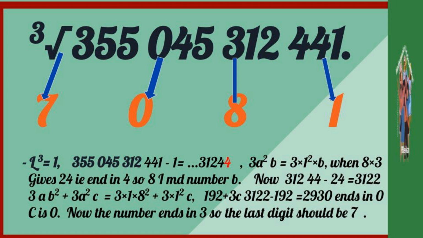Use 3a squared b. 3 into 1 into 1b, 3b. Now deduct 1, the cube of 1, from the original number. So the number is left with 4 as the ending digit. We have to find a digit which on multiplying with 3 gives 4 as the last digit.